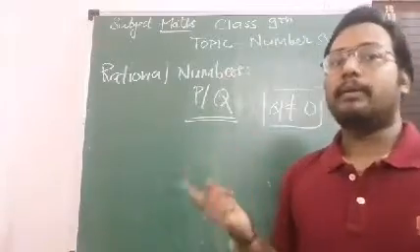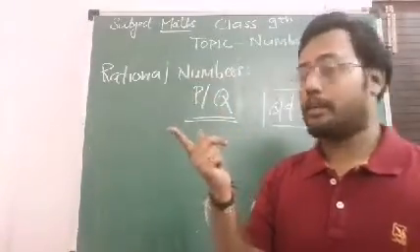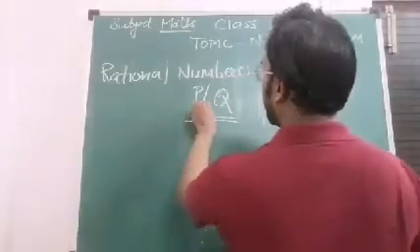A rational number cannot be calculated up to infinity, so we can say that it can be written in the form of p by q.